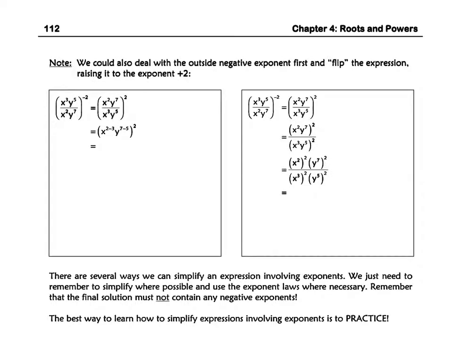So then the next example, the rule here basically is to take this one. They've taken the negative exponent of 2 outside and dealt with that first. So they said negative in the exponent means flip the base. So they flipped the base and raised it to the power of the positive exponent 2.